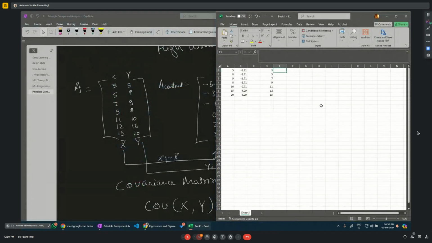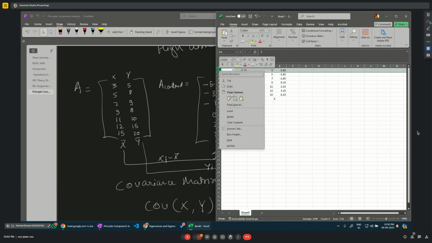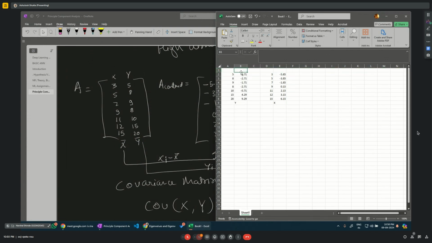Yeah. So this is going to be equal to this minus 8.85. So this is x bar, and that is x and that is y. And what we do is, let's insert a column here. Let's write it.